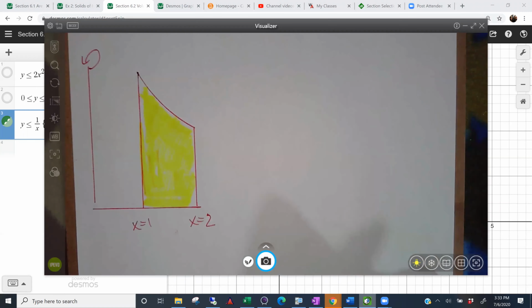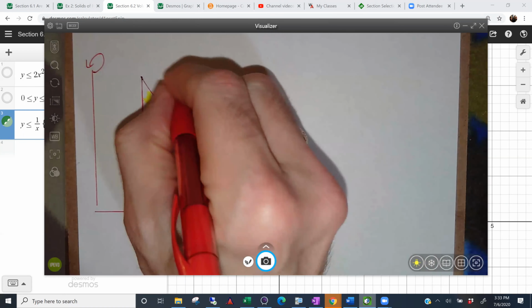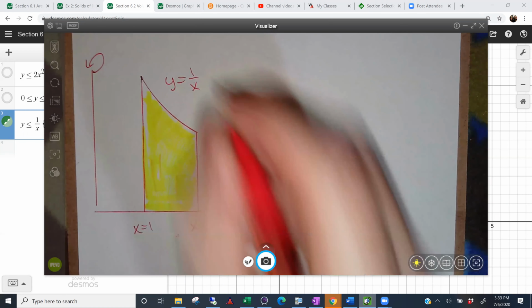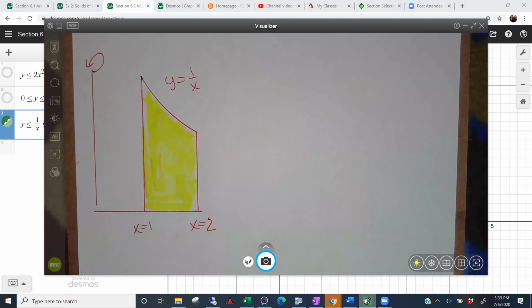Okay. So here's our function. Y equals 1 over x between 1 and 2. And we're going to rotate that around the y-axis, which of course is the line x equals 0. That's fine.